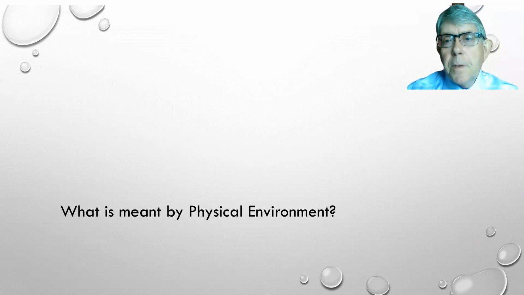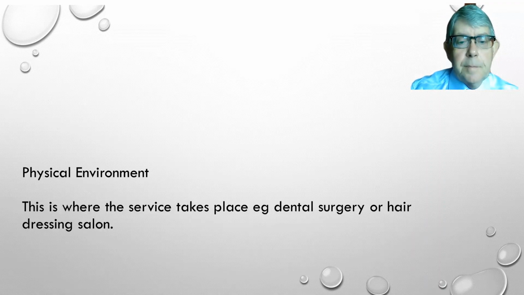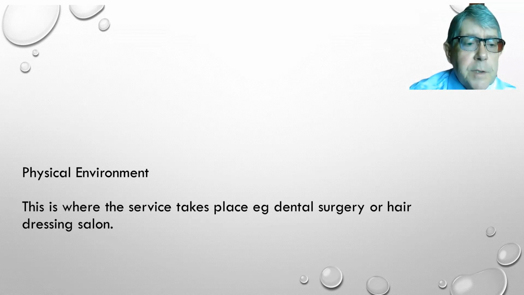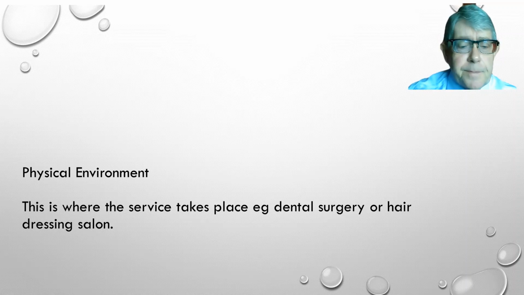What is meant by the physical environment? The physical environment, this is where the service takes place, for example, a dental surgery or hairdressing salon. So companies that operate in the service sector must ensure that the physical environment where they deliver the service is up to standard.